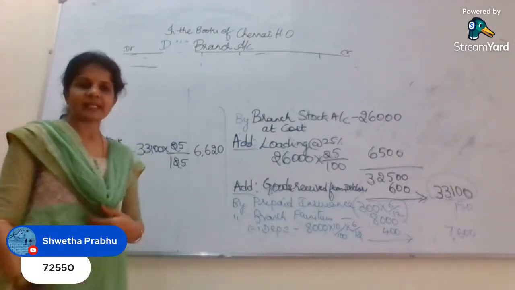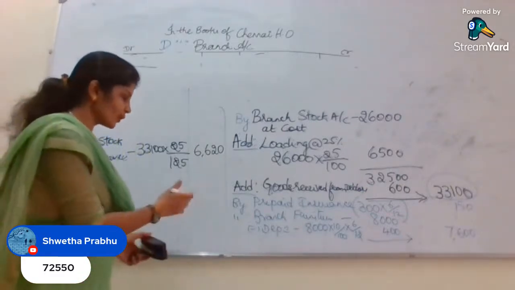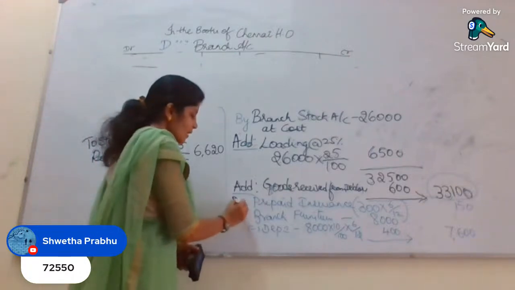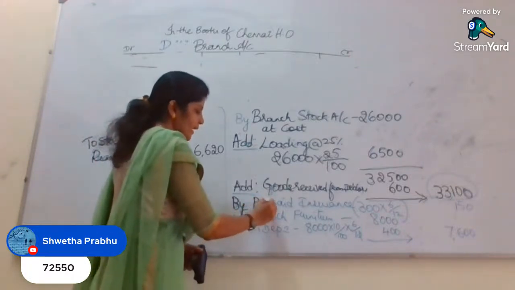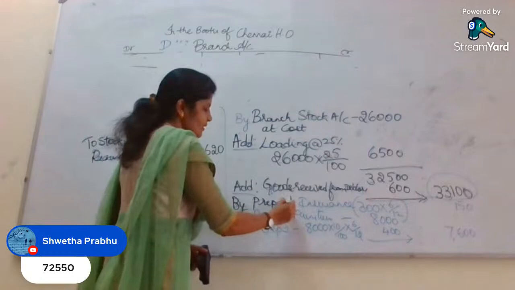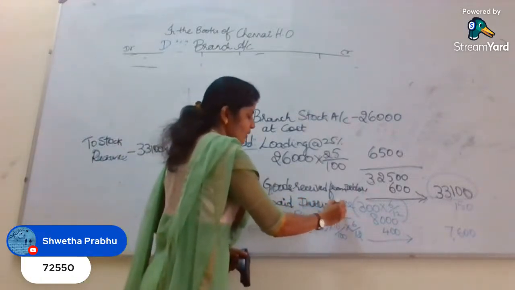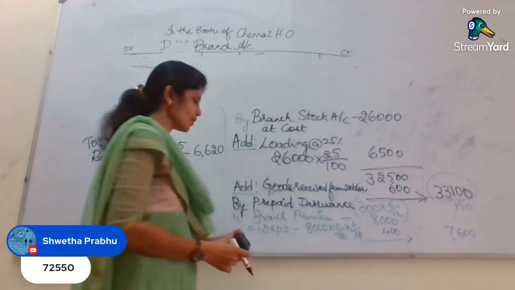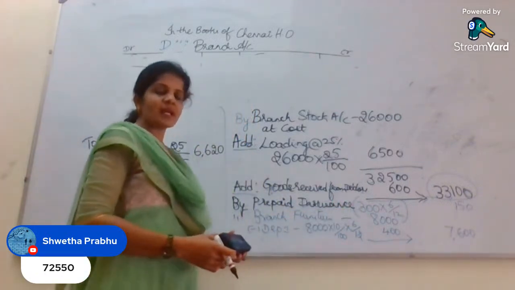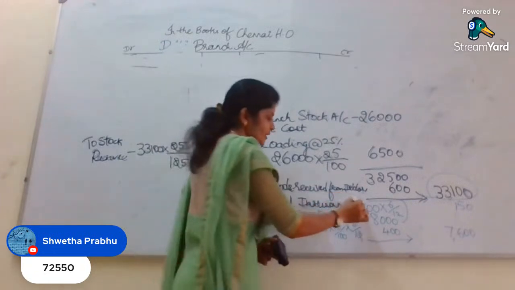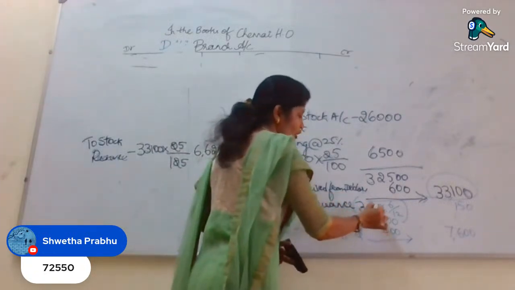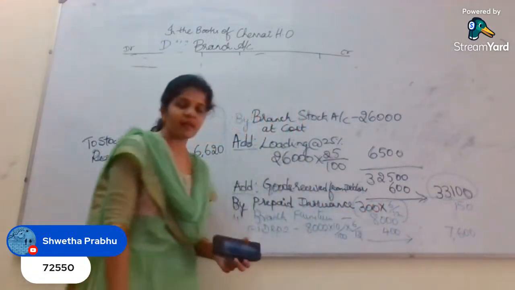One more adjustment I had explained is the prepaid insurance. I had already explained the prepaid insurance, but I am showing here how to make this entry. It is prepaid insurance because the insurance has been paid in advance, for 6 months. Insurance paid is 300. For how long have they paid in advance?